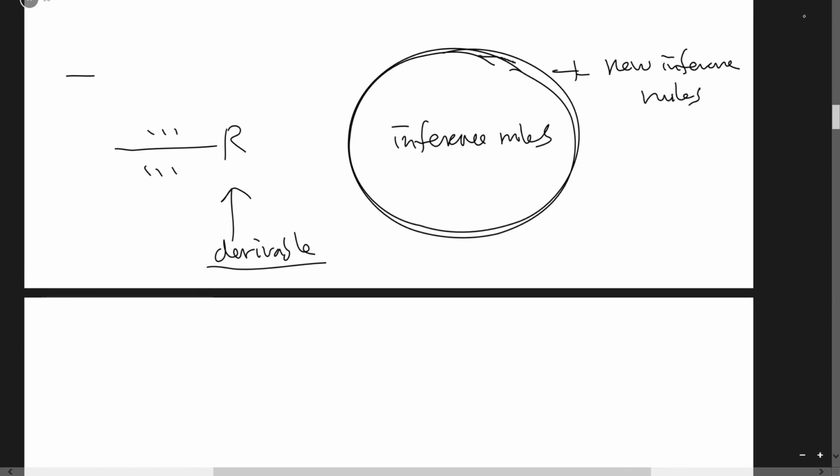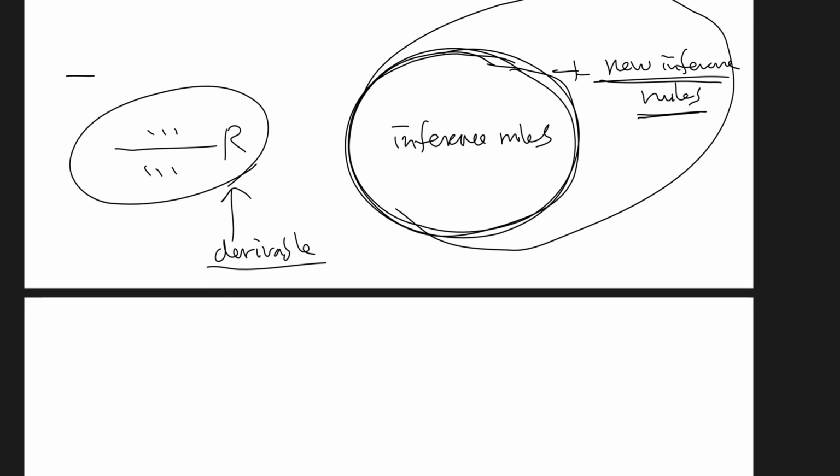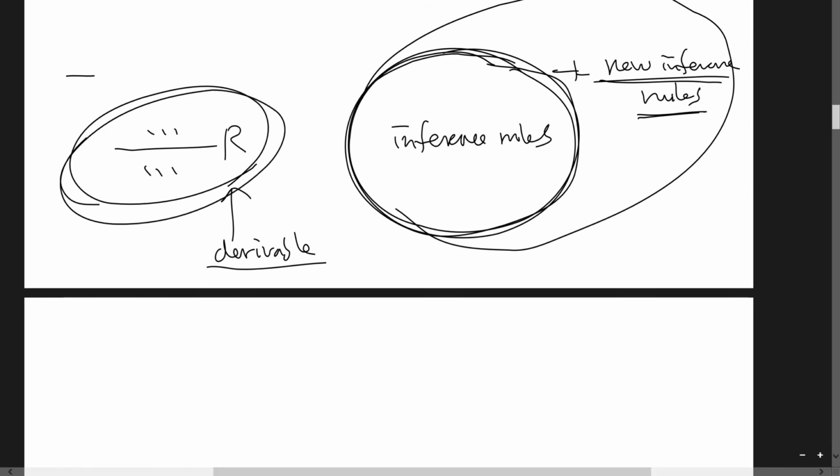So we started with this set of inference rules. Now we have this expanded set of inference rules. We have added these new inference rules. And the question is, is this rule still derivable? And the answer is yes, this is still derivable, even in the presence of these new inference rules.